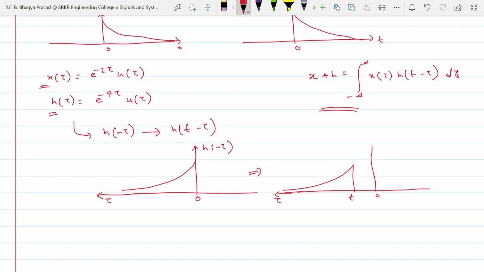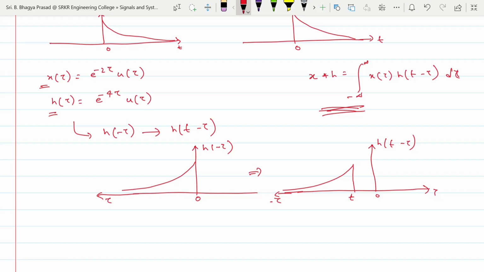Don't bother about why I am representing this signal in the negative time axis. Why I am representing it like this is because in the expression of the convolution, the integral limits are considered from minus infinity to plus infinity. That is, the signals should be multiplied in the range of minus infinity to infinity.